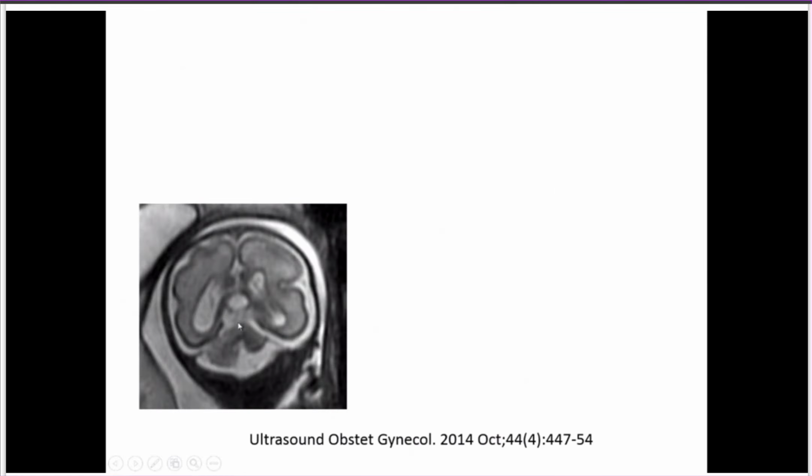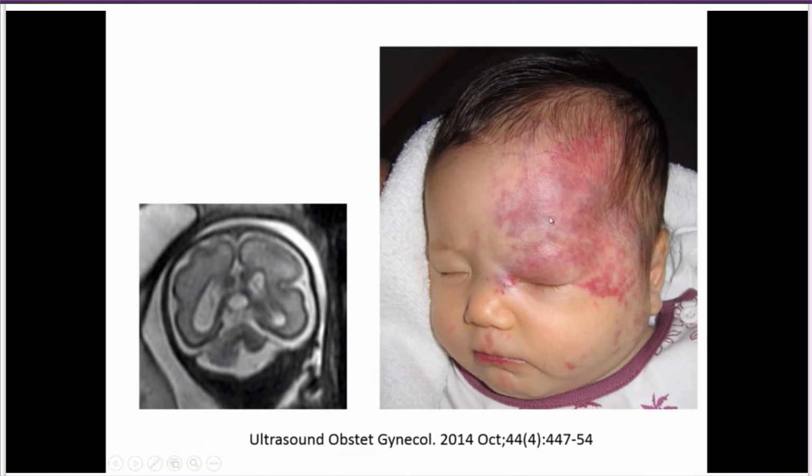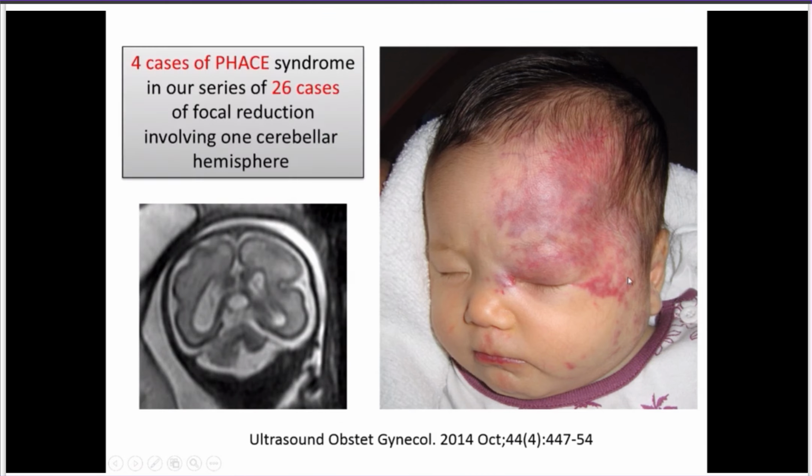You may have this situation, small vermis, small hemisphere here, but after birth, you have this hemangioma which appears in the first weeks of life. In such a case, you have PHACE syndrome.